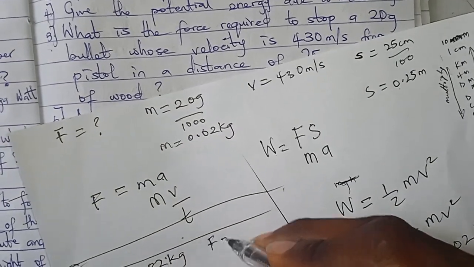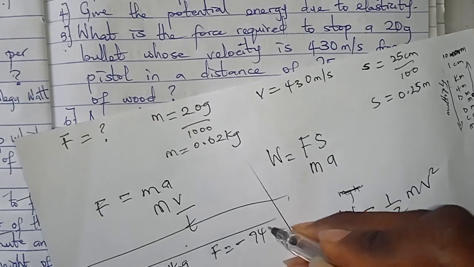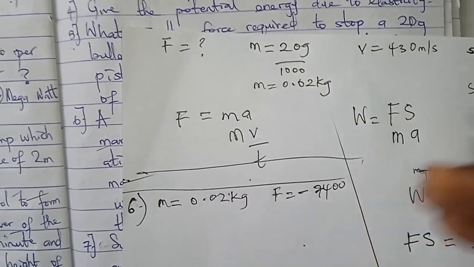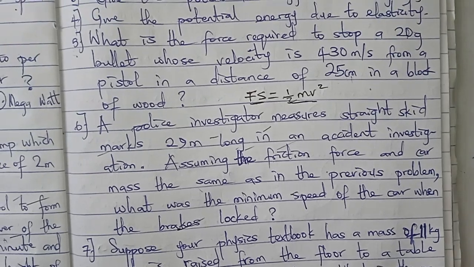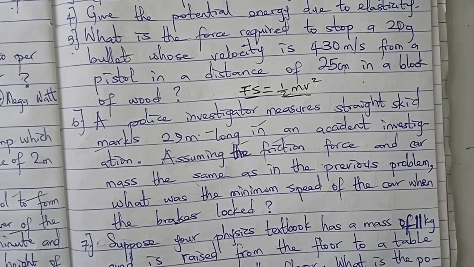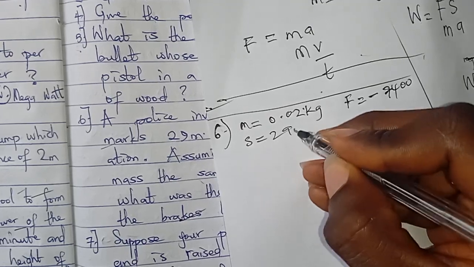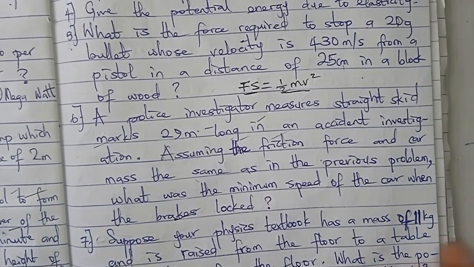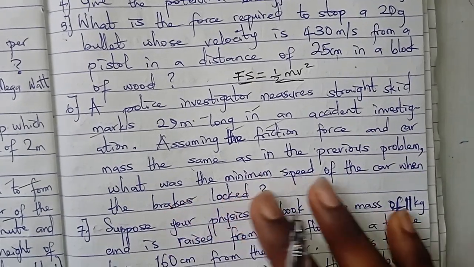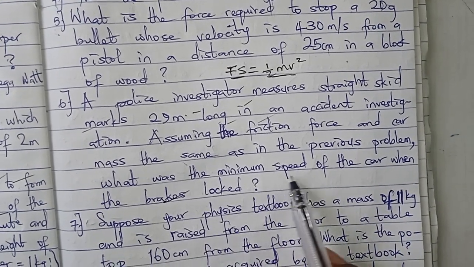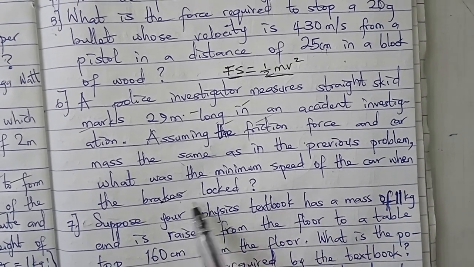Then friction will be equals to minus 7,400 to the nearest whole number. Then the distance S is equals to 29 meter here. What is the minimum speed of the car when the brakes locked?